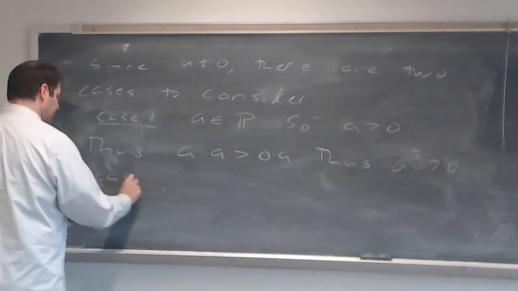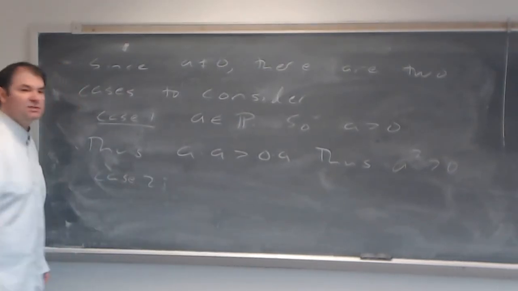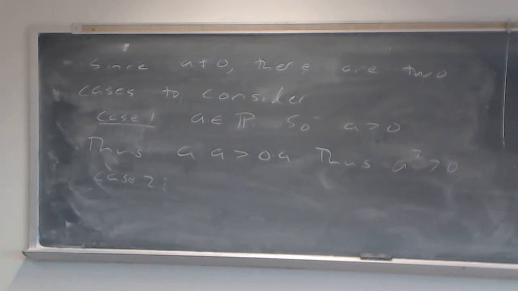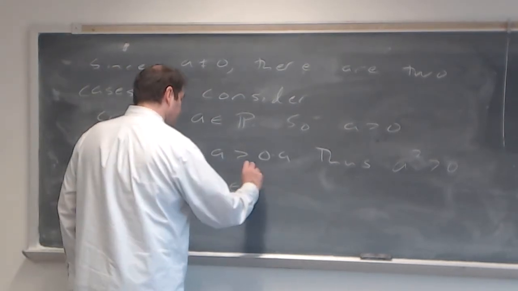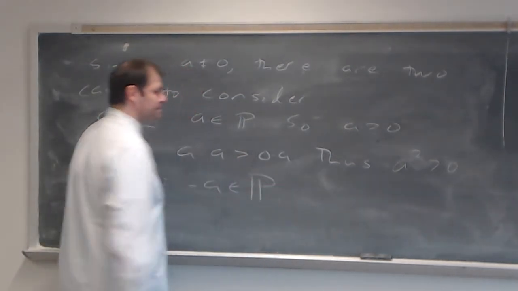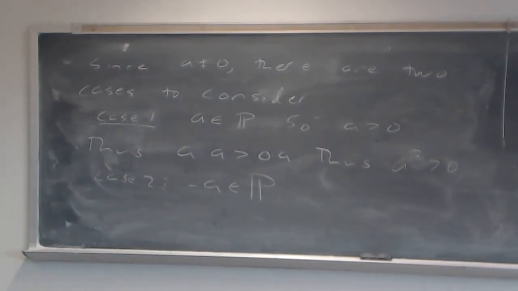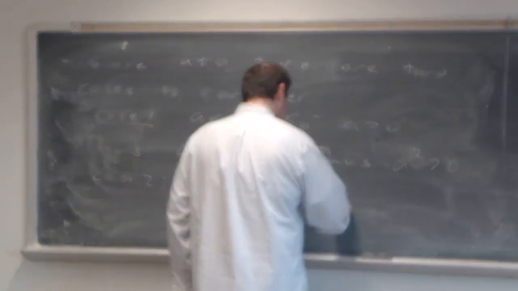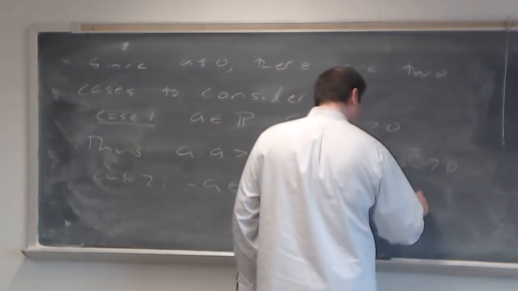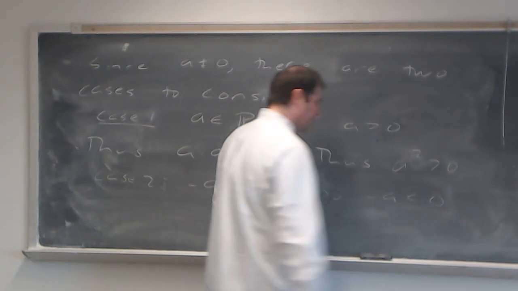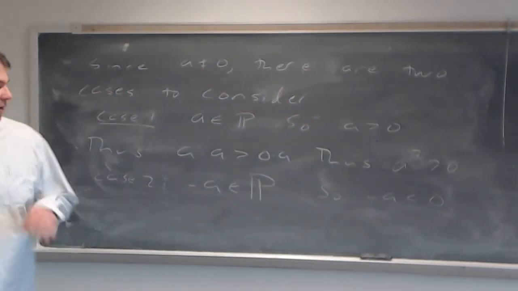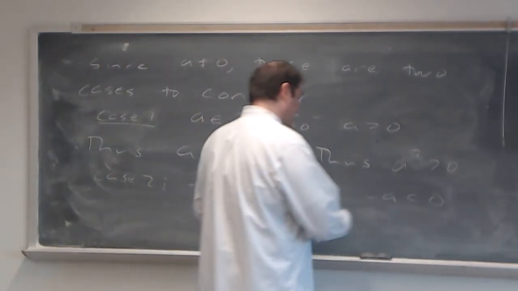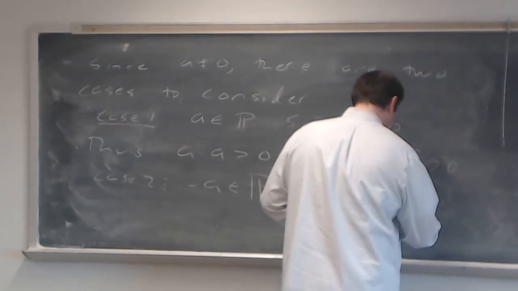Well, what about the other case that we could have? Case 2. What is case 2 going to be by the order property? Minus A is a positive number. So what that says is that minus A, by the fact that we did earlier, is greater than 0. I'm sorry, minus A is a positive number, so that means minus A is greater than 0.